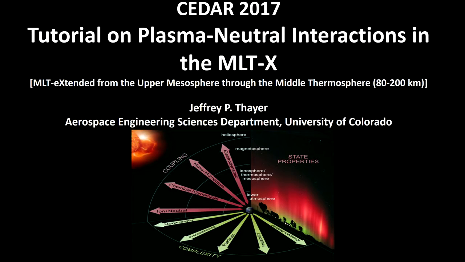And so this one is with regard to plasma neutral interactions, and it follows off of what we've defined as a grand challenge in the CEDAR community, which is what we're calling the MLT-X, or the extended mesosphere lower thermosphere, basically covering an altitude from 80 to 200 kilometers. We've identified that domain as being a challenging one, and one that we've had a workshop for the past 3 years.